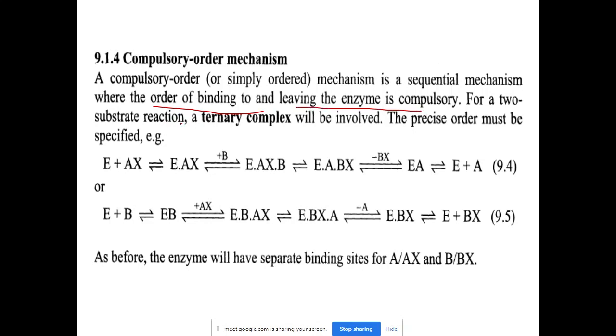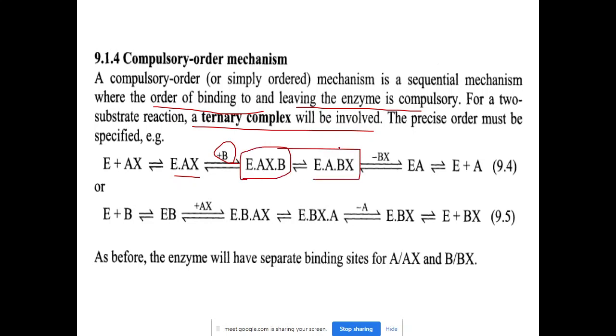For a two substrate reaction, a ternary complex will be involved, like we have seen in the random order mechanism, and the precise order must be specified. So an example here is E plus AX leading to EAX. Now addition of B will lead to the ternary complex.